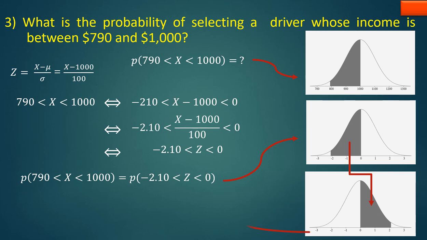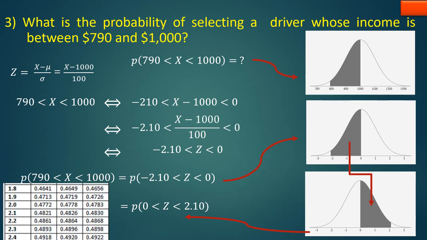So we can write that this probability is the same as the probability of z between 0 and 2.10. Now we could use the standard normal distribution table. The intersection of the row containing 2.1 and the column containing 0.00 is the value of 0.4821, which is the final result for this question.